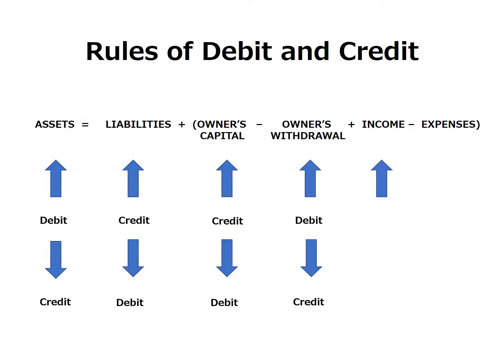If income is increased, we credit income. If income is decreased, we debit income. If expense is increased, we debit expense. If expense is decreased, we credit expense.